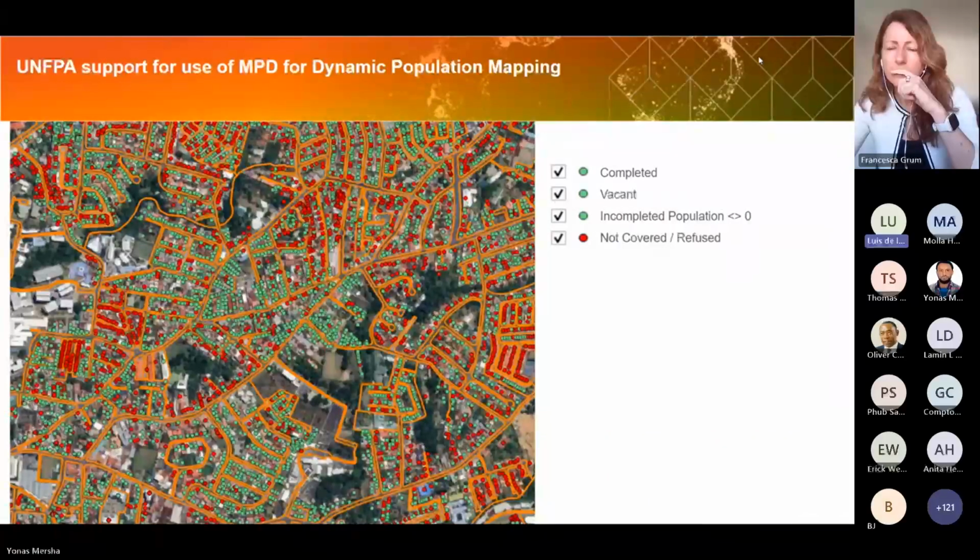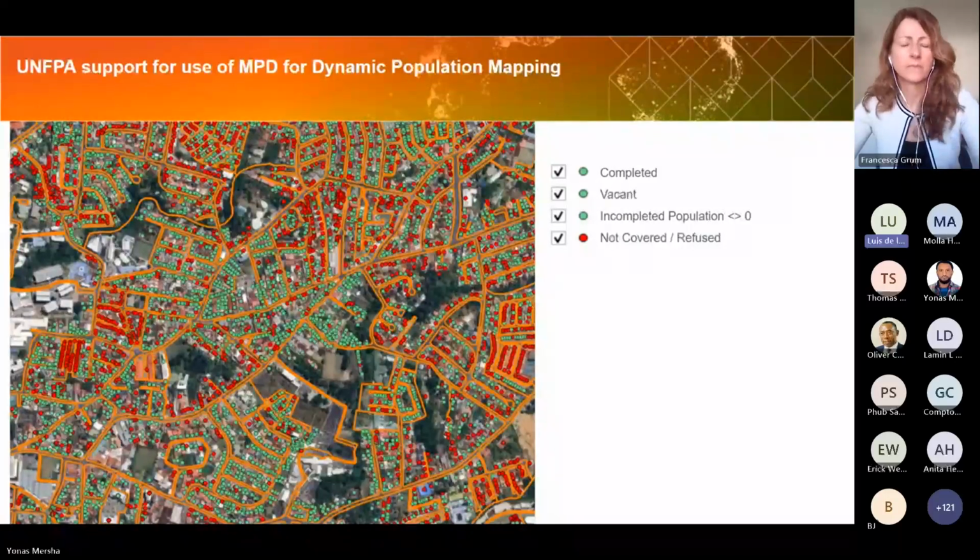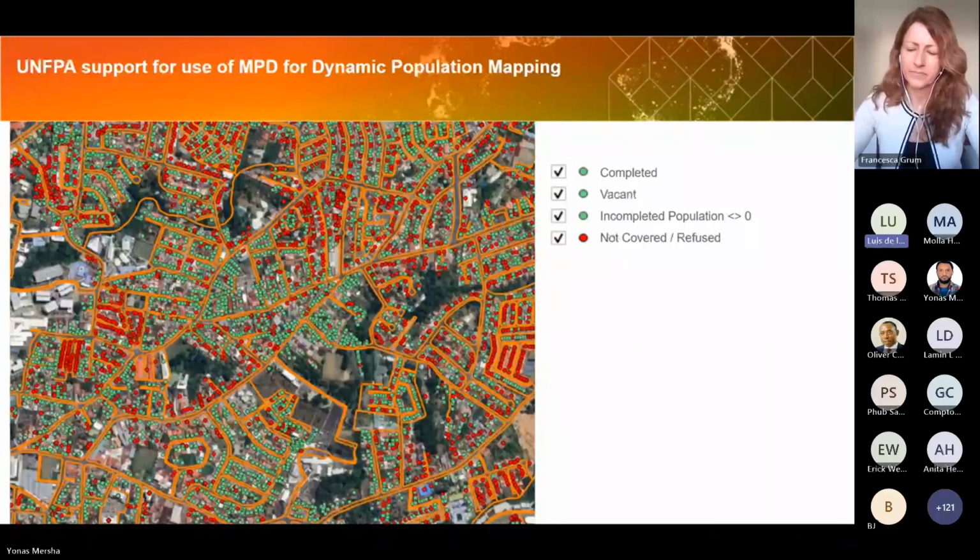So as an example, here is the census data collection in Costa Rica, one of the countries we have been supporting to improve their census dataset through the setting up of a Bayesian statistical model to complement that census. What we found is that we had a coverage of 45% of the households in the country, and that the main problem in this case is that these coverage issues were not focused in some regions.